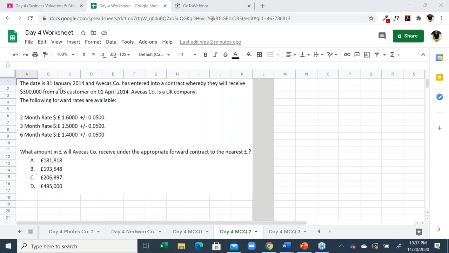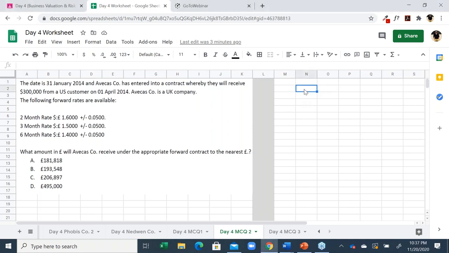And ACCA's company is a UK company, so the local currency is pound sterling. There are 3 different forward rate agreements available. Which one is relevant for us? 2, 3, or 6 months? 2 months, right? Yep.